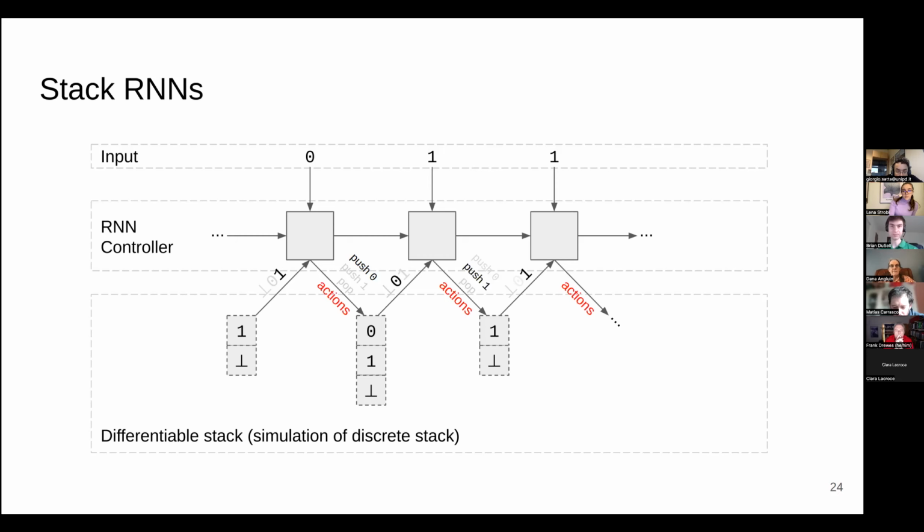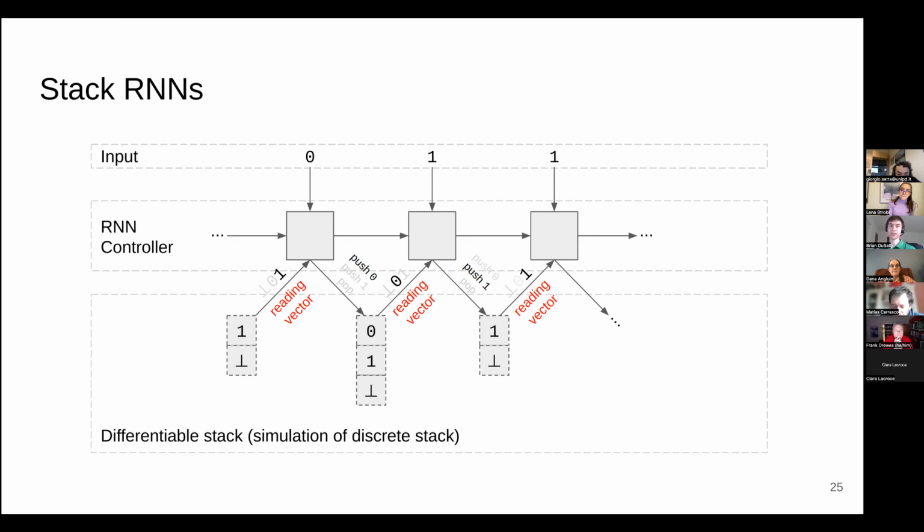So what our actions would look like now is, instead of performing definite actions to push or pop symbols, the controller outputs a distribution of actions. Exactly what that distribution looks like depends on the style of differentiable stack. But for this example, you could give commands to say mostly push 0 or mostly pop the top symbol. And it's the stack's job to combine these fractional actions into an approximation of the updated stack.